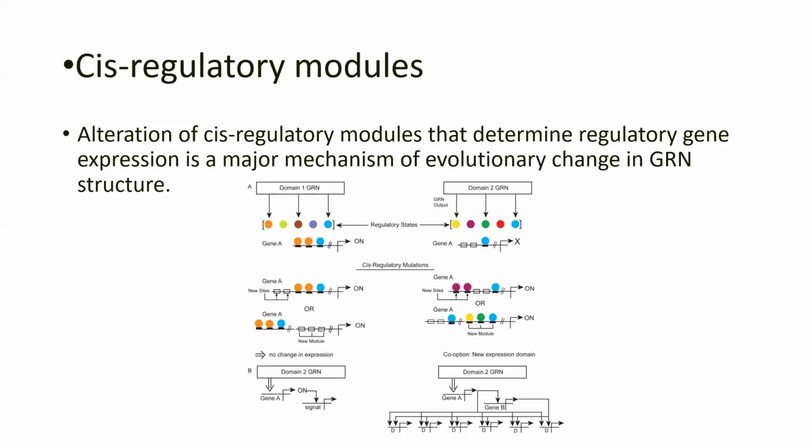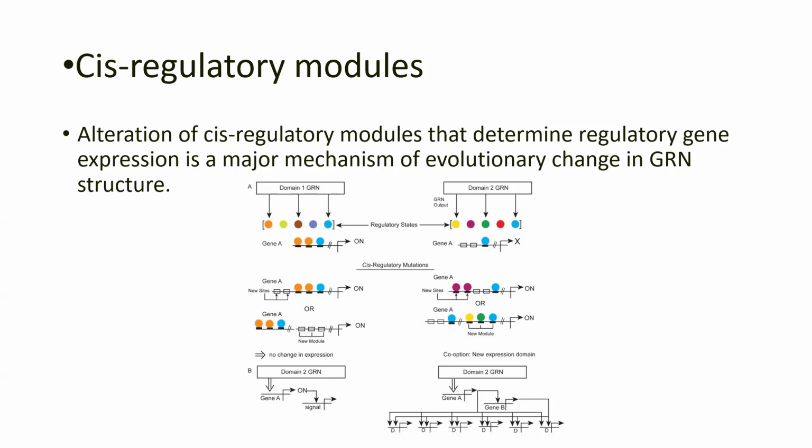So look at this alteration of cis regulatory modules that determine regulatory gene expression as a major mechanism of evolutionary change in GRN structure. In this particular diagram, we're looking at domain 1 GRN and then domain 2 GRN. We have gene A that's turned on in the presence of the activation of 3 units, and gene B, the first 2 units are not activated, and you do not get the gene product.